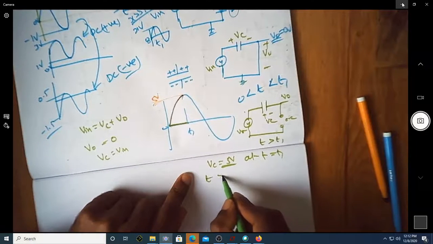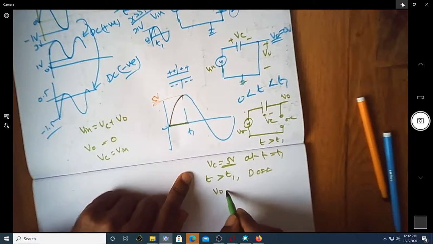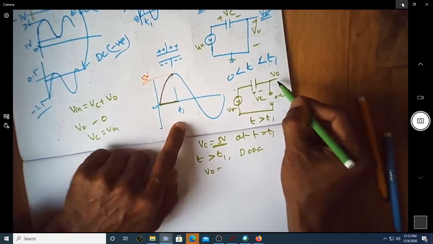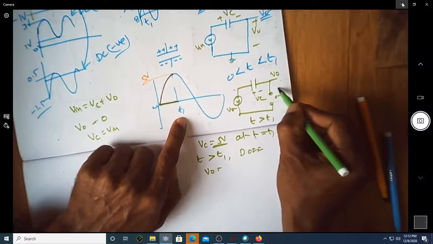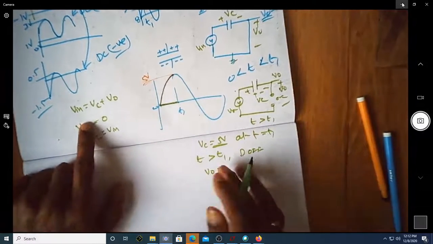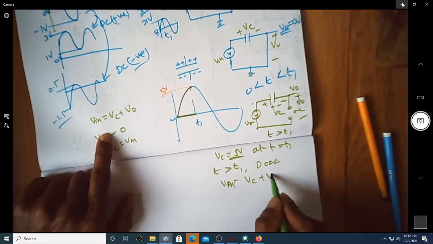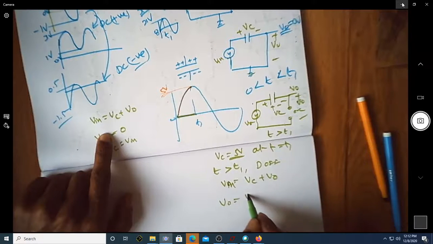For any time greater than t1, the diode is off. What is V0? As per this equation, I can write V in is equal to Vc plus V0. So V0 is equal to V in minus Vc.